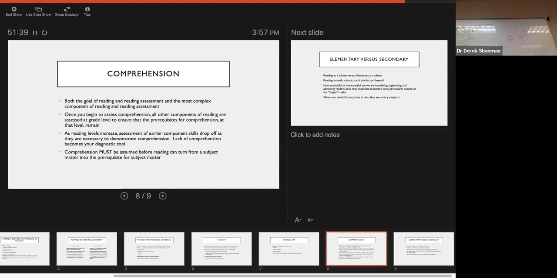We get to the secondary level and we don't assess the components of reading comprehension. We assess your ability to use those components. That's literature. That's an English class in high school. I'm not assessing your ability to know what main idea is. I'm assessing your ability to use main idea to do whatever else. To write an essay, to be comparative, to do whatever it is that you're going to do.